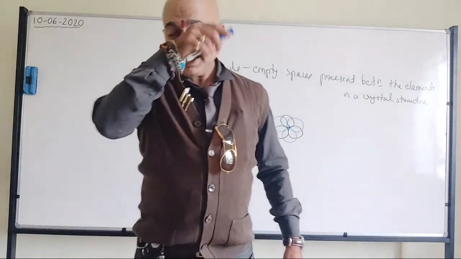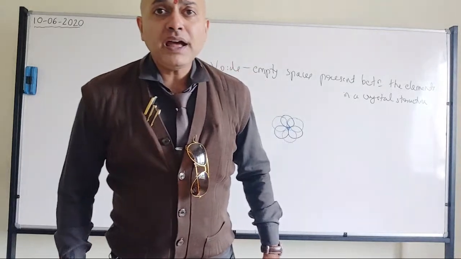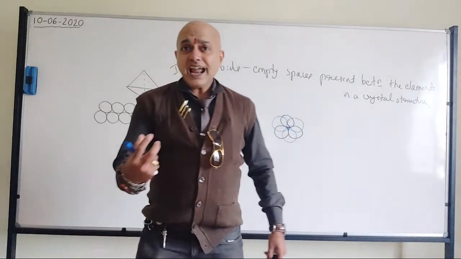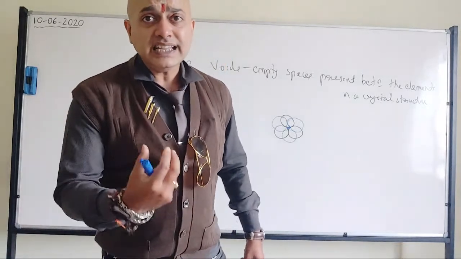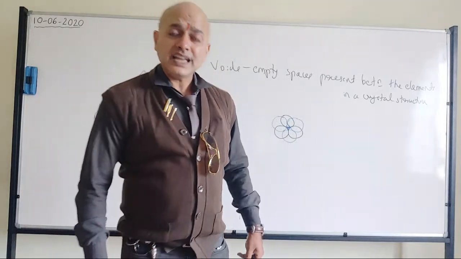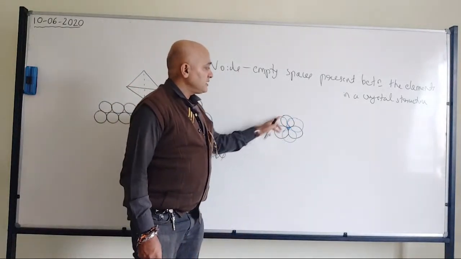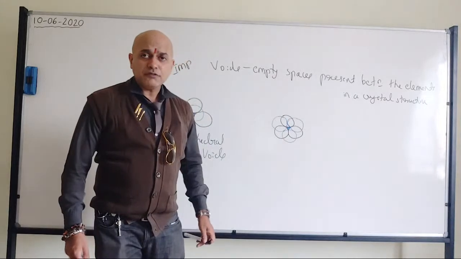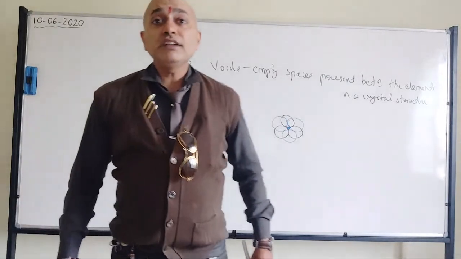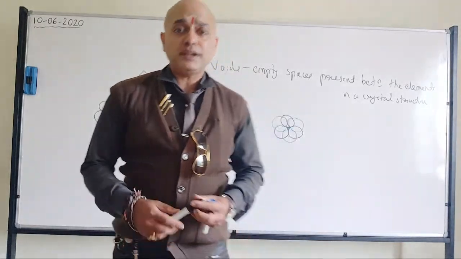If you go to valence shell electron pair repulsion theory, that's what we have seen. A central atom bound by 6 elements will give the octahedral geometry. Same logic. Since there are 6 elements involved, when you join the nucleus of those elements, it will give the shape of octahedral geometry.